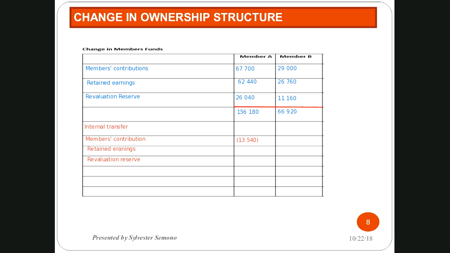It is between their heads, if you understand what I mean. So this nominal won't affect the books of CC. It's just that B will say, A, here is your money. It's a transaction between them, not within the CC.